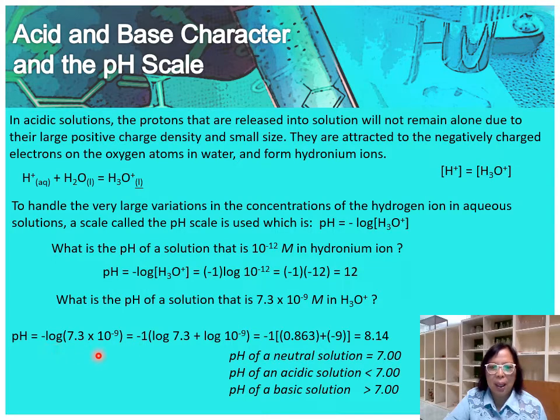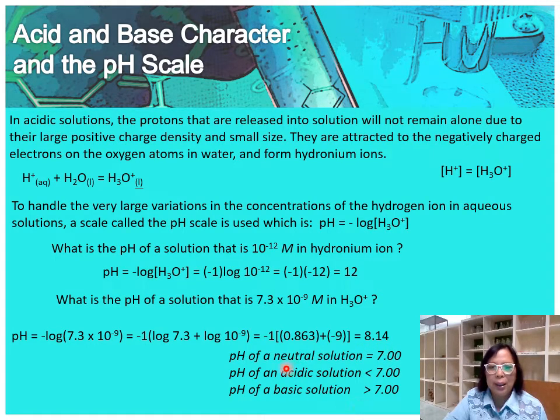Since it is negative log, we could refer to it as negative 1 times log 7.3 plus log 10 to the negative 9. And then you continue solving based on your constants and calculators.